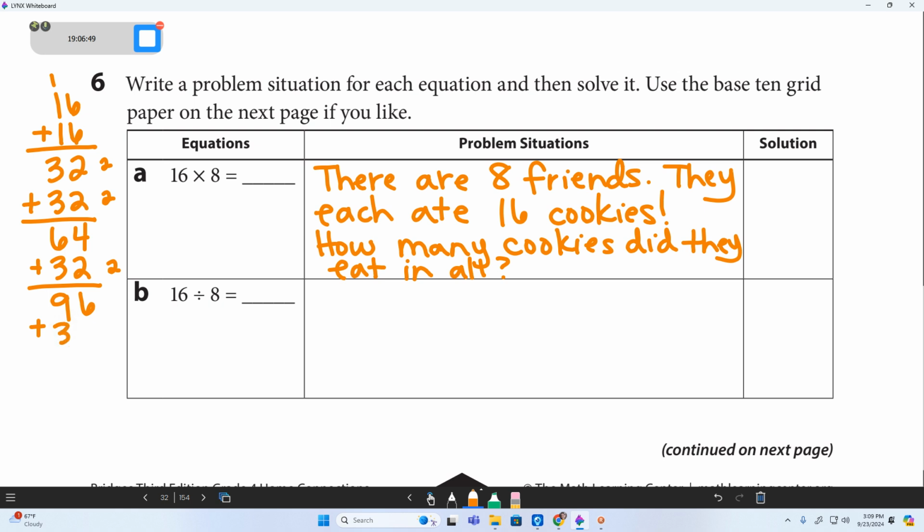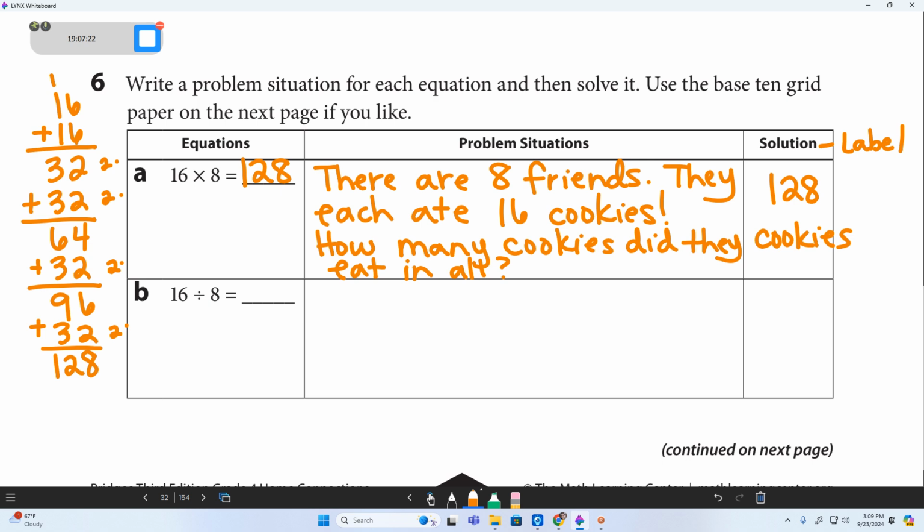If you notice, 2, 4, 6, 8. There's lots of ways to do this. And in the springtime, we'll learn how to do traditional multiplication. All right, final answer, 128. And I think what they mean by solution is you should write your answer and you should have a label. So I'm going to write 128 cookies. And of course, your problem could be totally different than mine. It doesn't have to be about cookies.